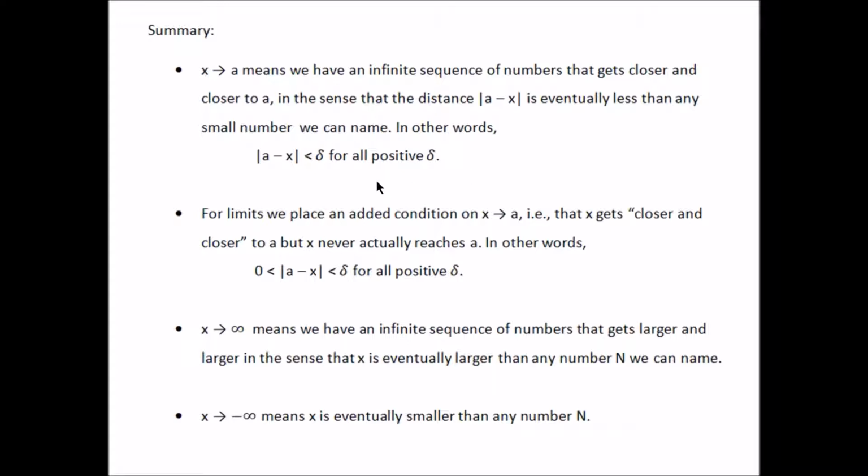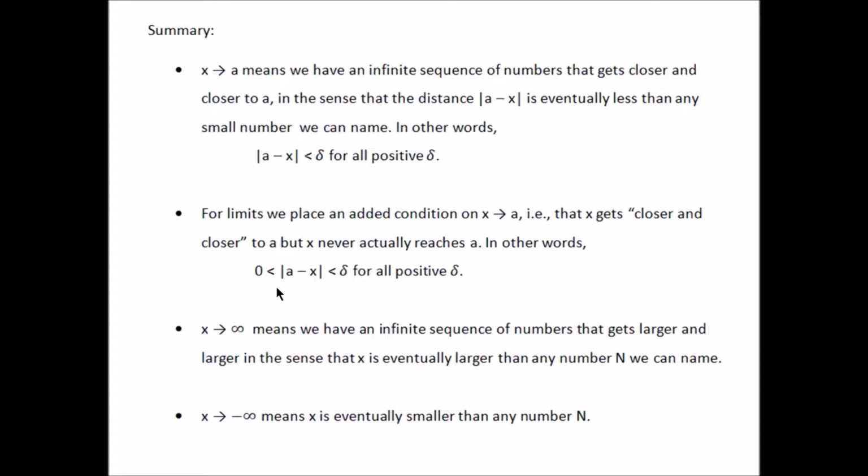It gets smaller than 1 over a million, 1 over a billion, 1 over a trillion, etc. This distance gets smaller and smaller. Now, for limits, we have this added condition. We say it gets closer and closer to a, but never actually reaches a. And that's what this 0 is less than does. It ensures that x never actually equals a, that the distance never becomes 0.